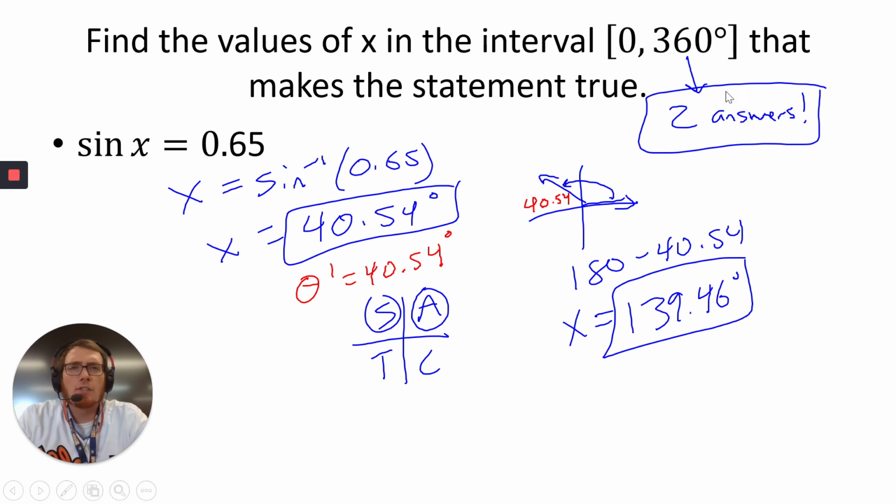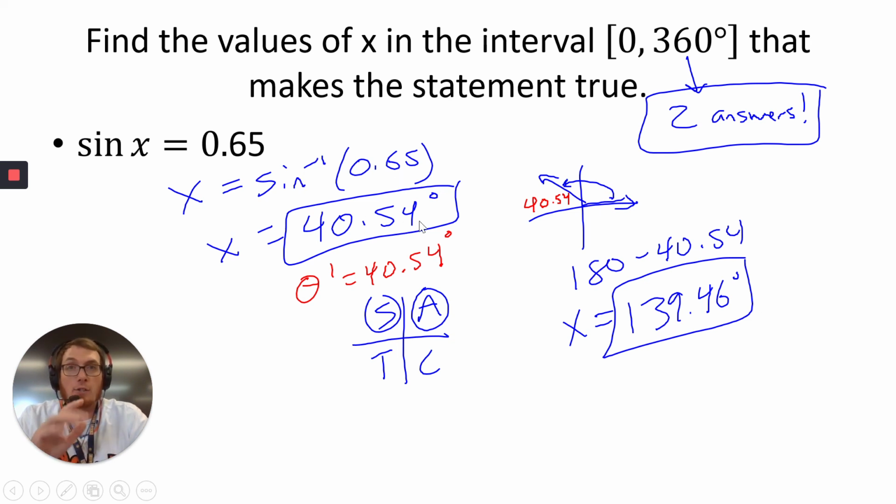Okay, the next question is find all the answers from 0 to 360. You'll notice that I made a point to say that there were 2 answers here. That's important when you look at these questions. Remember, your calculator can help you find one, but you have to know how to find the other one. Okay, so if sine of x equals some number, you do sine inverse. The inverse operation of sine is sine inverse. So sine to the negative 1 of 0.65. You'll get 40.54.